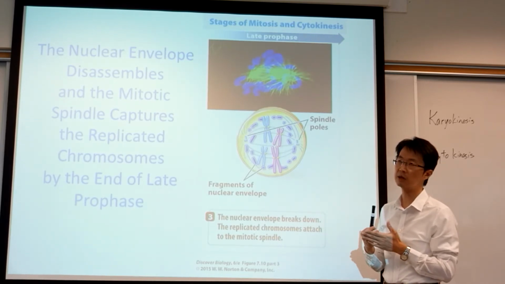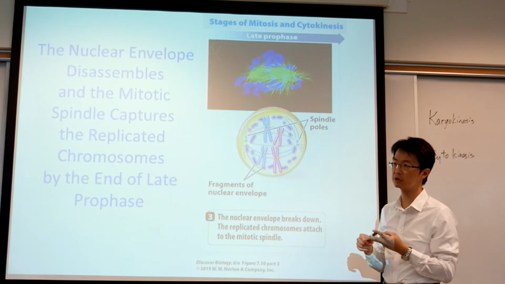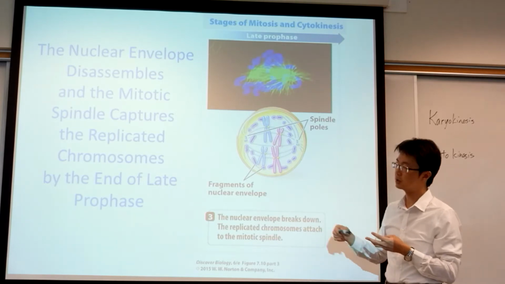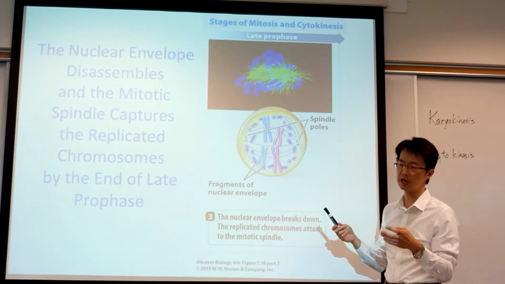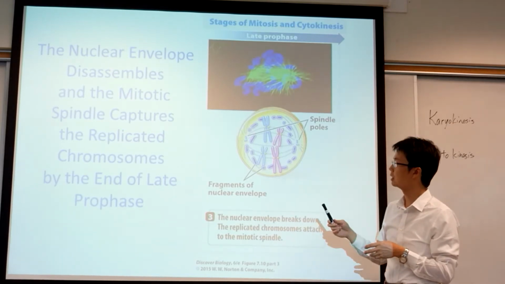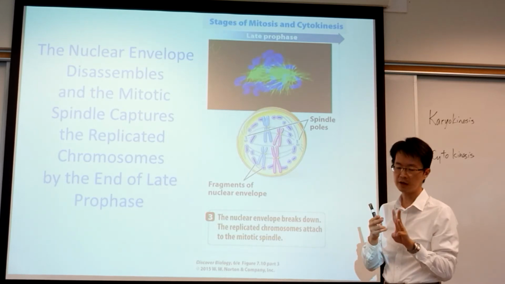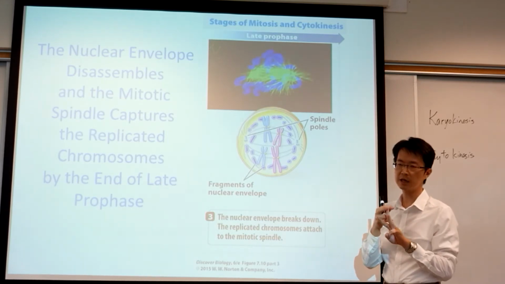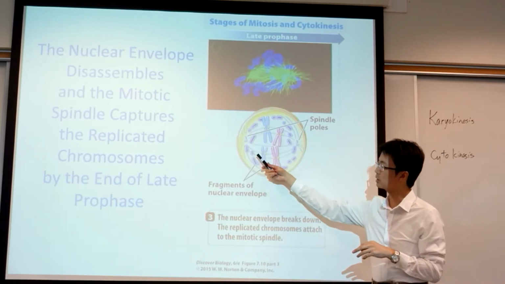They are not actin, not intermediate filaments, they are microtubules, the largest in size of the cytoskeleton. There are three types of cytoskeleton, just for review: actin, intermediate, and microtubule. This spindle is microtubule.